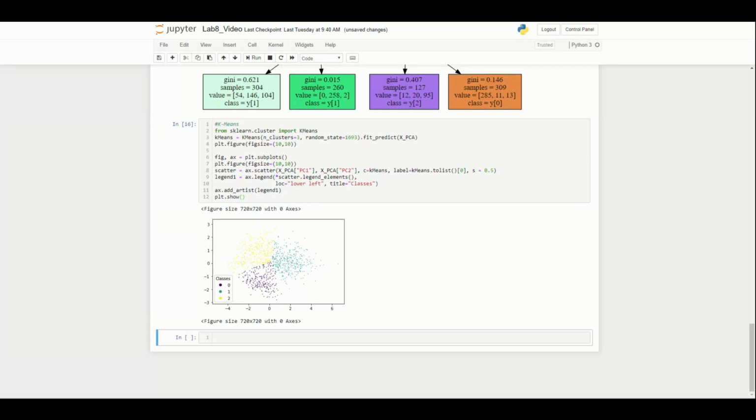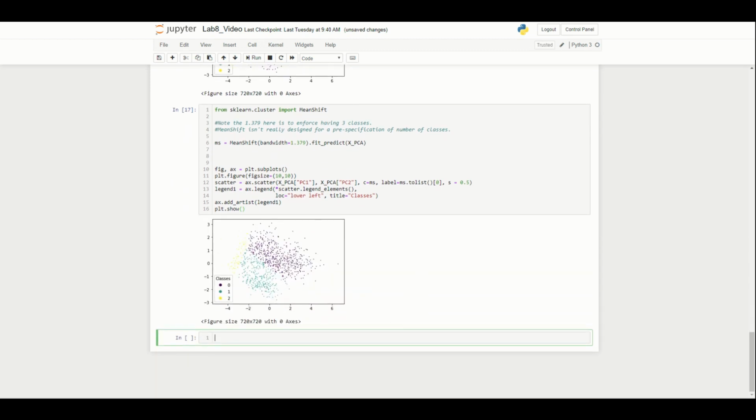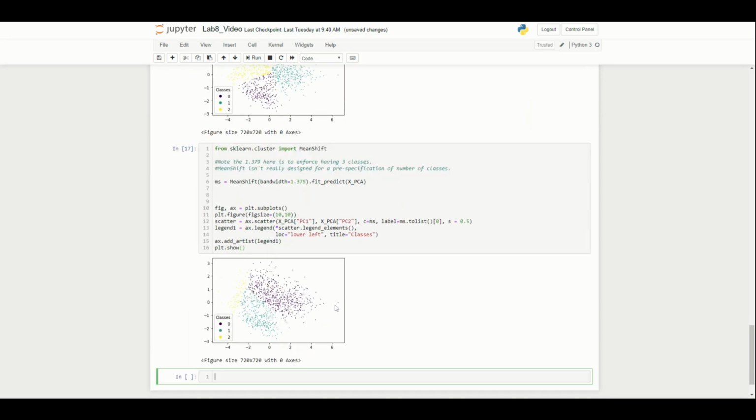The next one we're going to look at is a mean shift algorithm. All right, and here's the outcome of the mean shift. You can see mean shift is very different when contrasted to k-means. In the case of mean shift, we are identifying a much larger groups 1 and 2, or 0 and 1, the purple and blue, and a much smaller group 3, the yellow group.